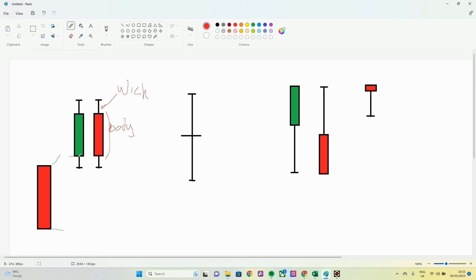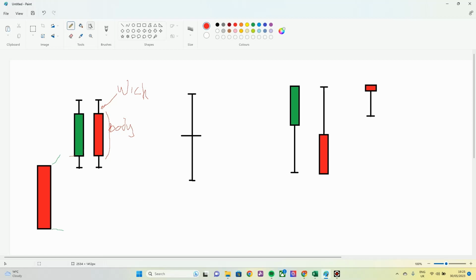What this candlestick tells me is that throughout this period, whether it's a day, an hour, and so forth, it started here, and the price has gone either down and then up to finish here, or potentially it's gone all the way up, down, and up again. But most likely it's gone down and then up to finish like that.